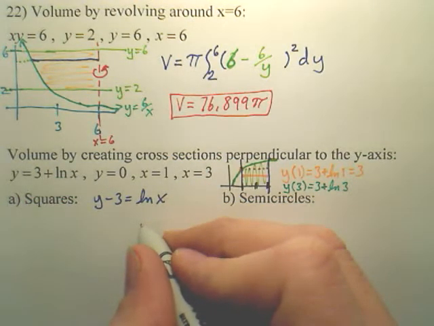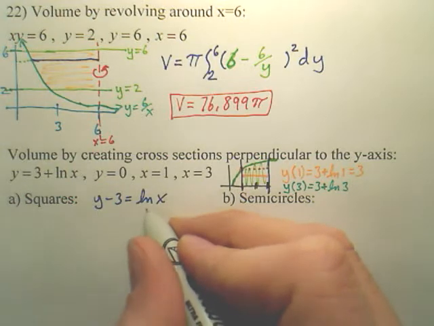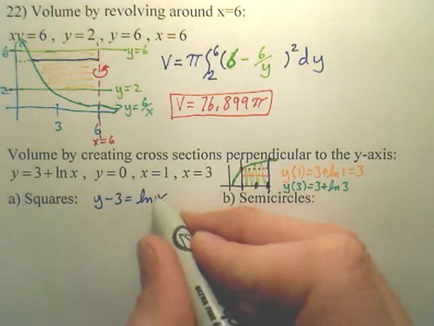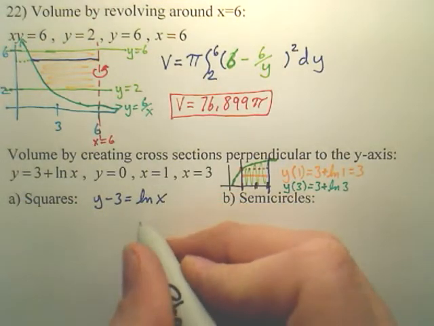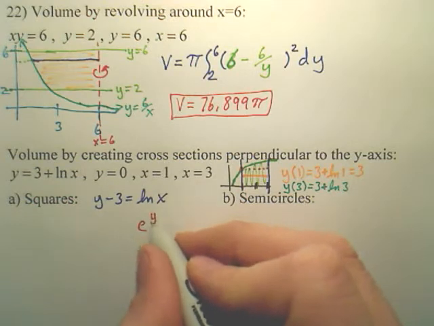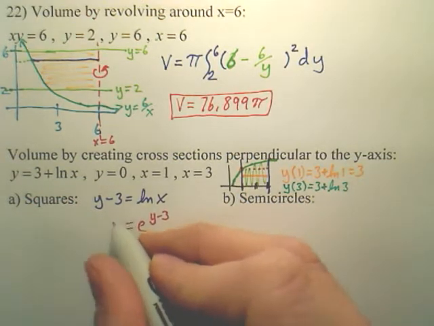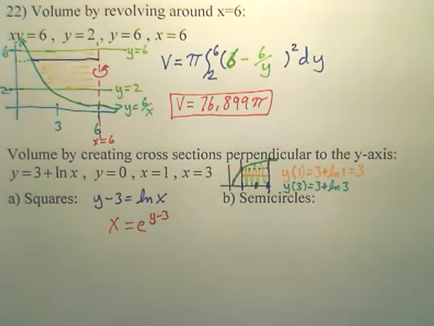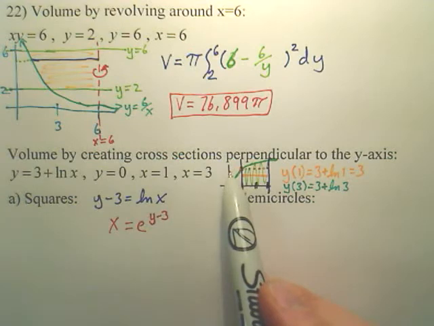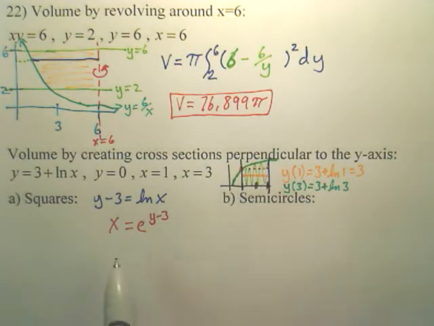So I'd bring the base e, and then I'd switch two things. So this is going to be e to the y minus 3 equals x. So that is my new equation in terms of x. That gives you the green graph, but referencing it from the y-axis, not from the x-axis.